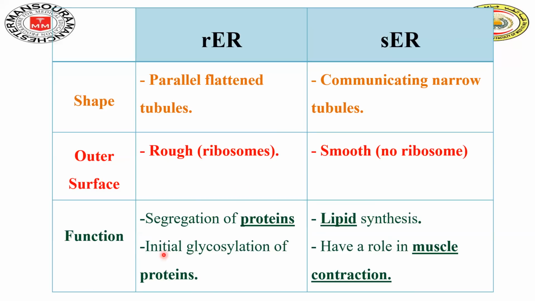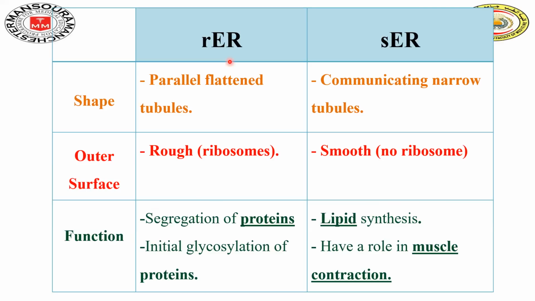In addition, it starts modification. Modification means addition or removal of certain parts of the proteins. So here, initial glycosylation. Initial means starting, and glyco means carbohydrates. So glycosylation is the addition of carbohydrates to proteins. This initial glycosylation is also achieved by the rough endoplasmic reticulum.